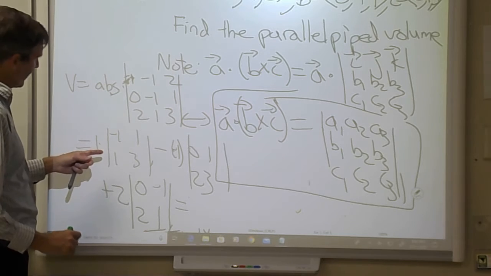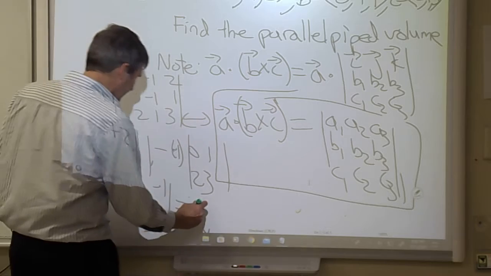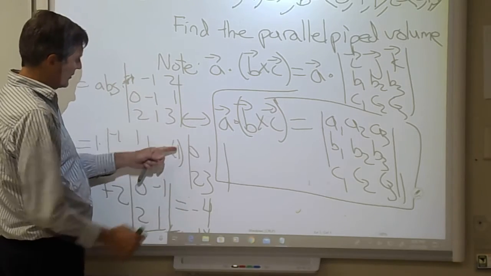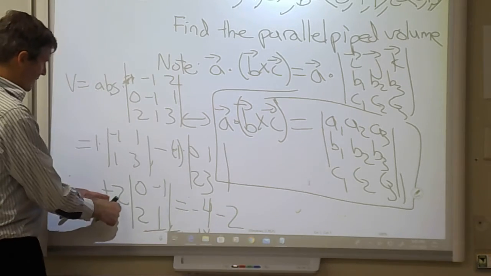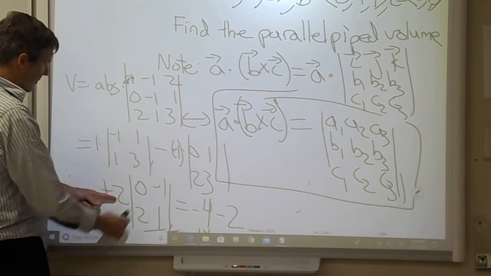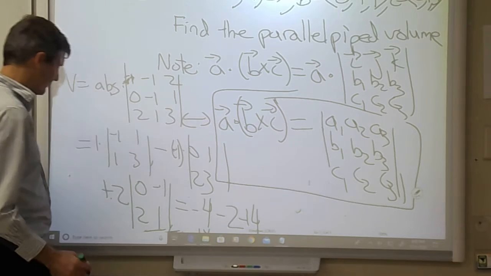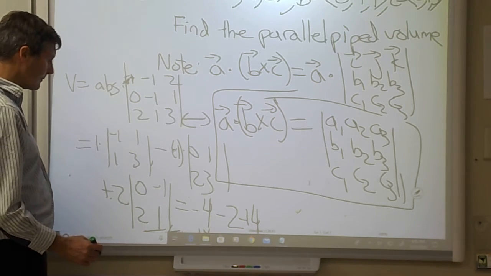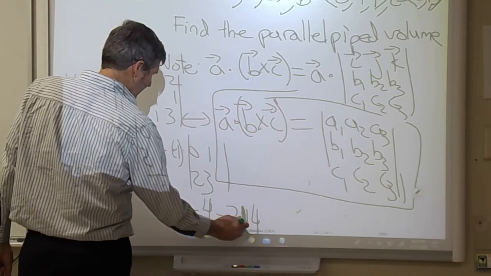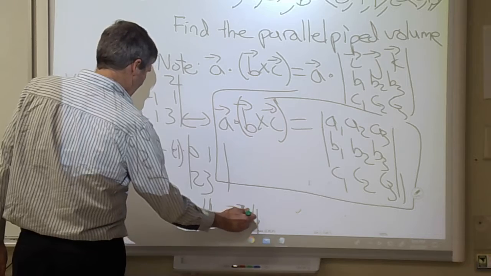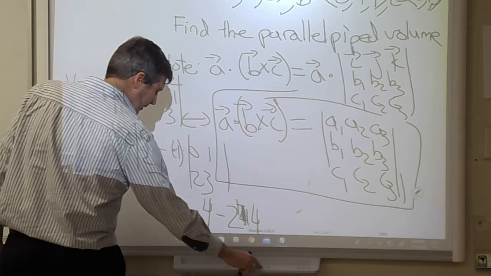And then each of these 2 by 2 determinants is diagonal minus diagonal. So this is 1 times -3, minus 1, is -4. And then plus 1 times 0, minus 2. And then plus 2 times 0, minus -2, which is, 2 times 2 is plus 4.